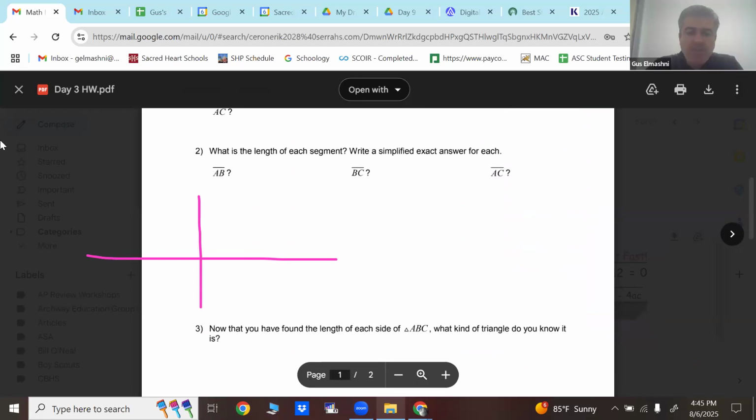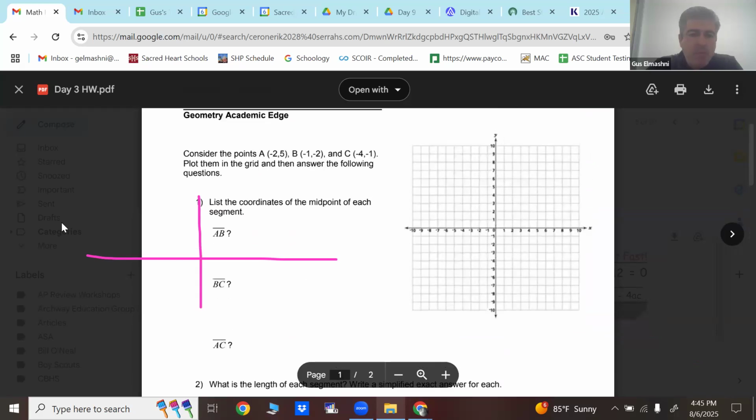Okay, now let's find distance. So you want the Pythagorean theorem.